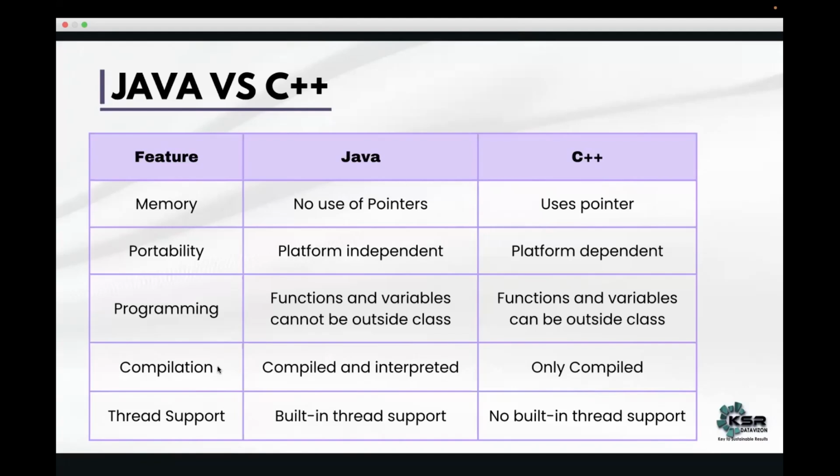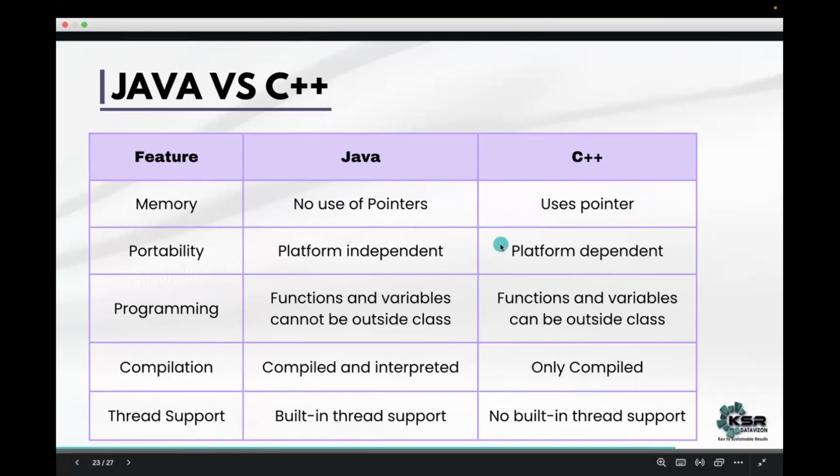In C++, you compile your C++ code, you get machine code, and you can just execute it. But in Java, you will see this tomorrow. You compile and get some bytecode, and then that bytecode is interpreted by the Java interpreter, and then converted to machine code line by line, something like that. So differences are there in every language.